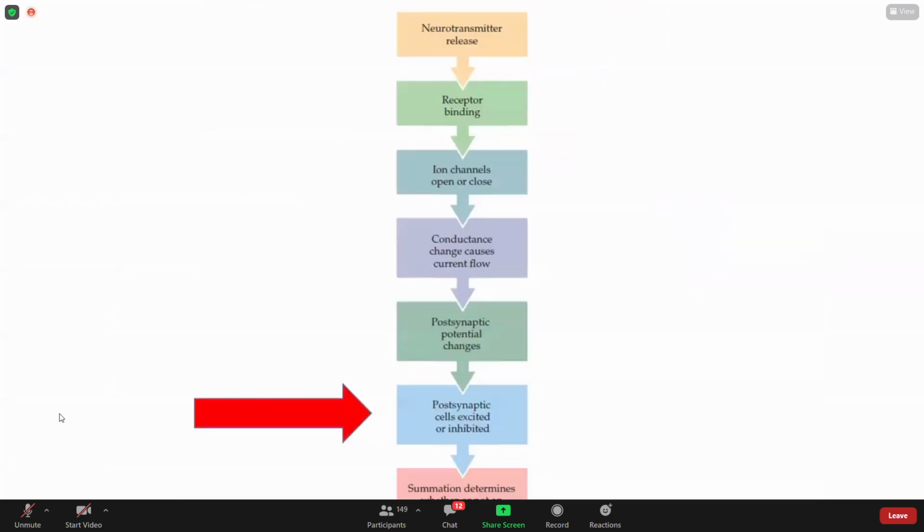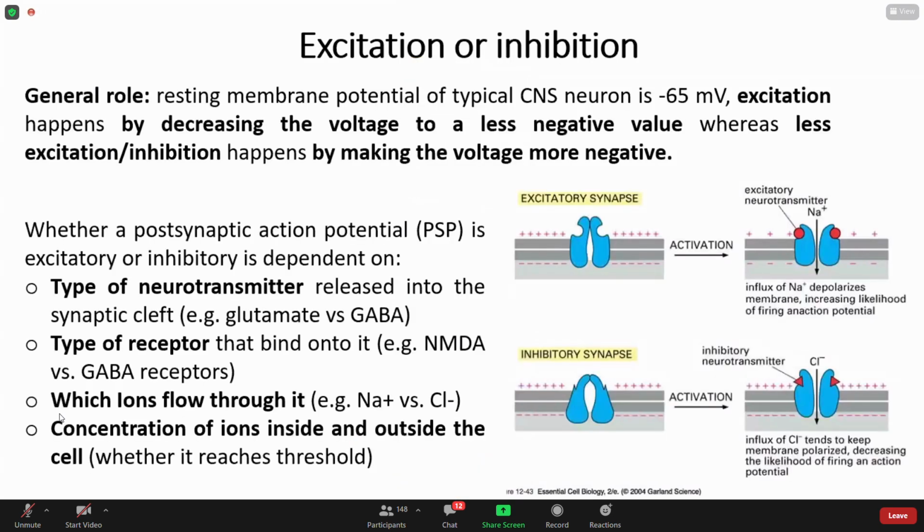Now, we said that the postsynaptic potential can be either excitatory or inhibitory. When we say excitatory, it means the excitation happens by changing the voltage to a less negative value, so it goes more into the positive values.